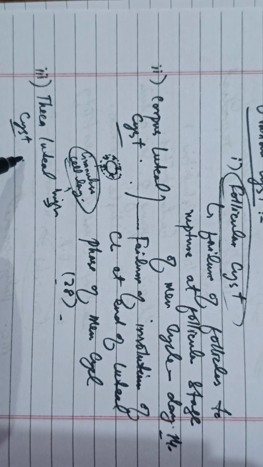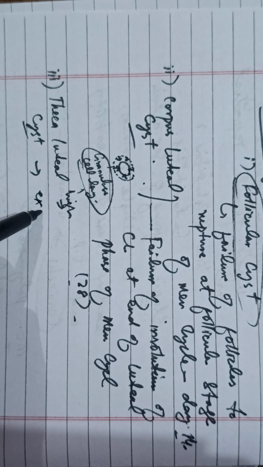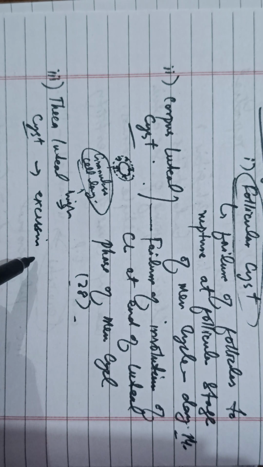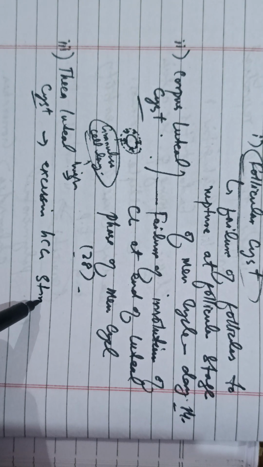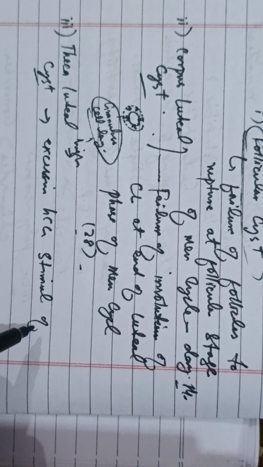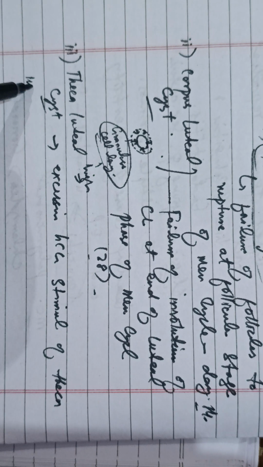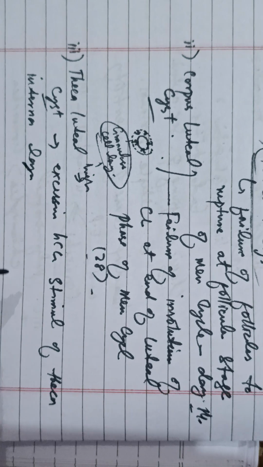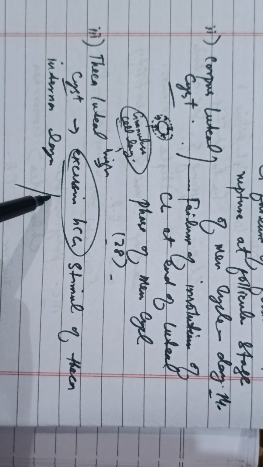Theca luteal cyst is due to excessive HCG stimulation of the theca interna layer. Now, the excessive HCG can be due to multiple causes.